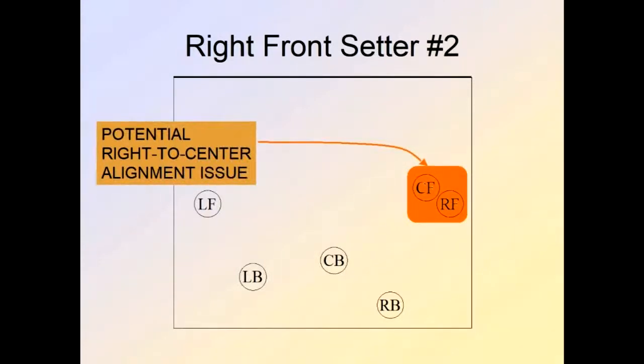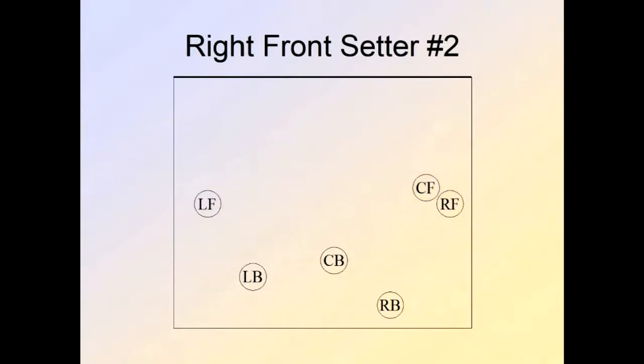The right front player must be closer to the right side boundary than the center front player, as shown in this diagram. All the other players are in correct alignment with their adjacent player.